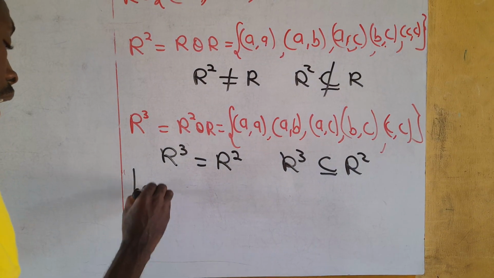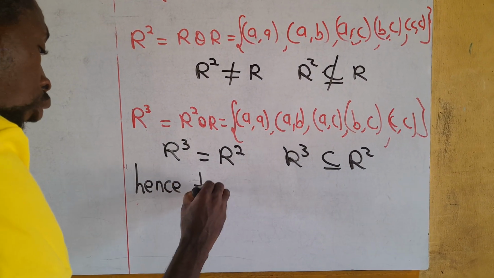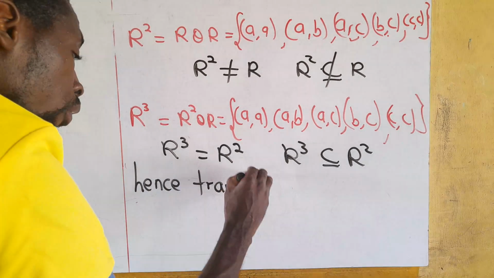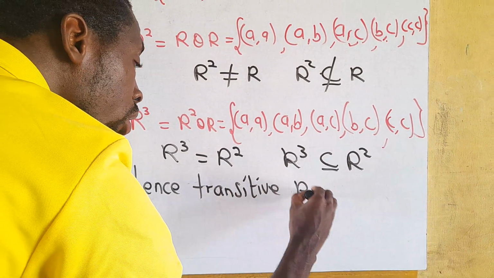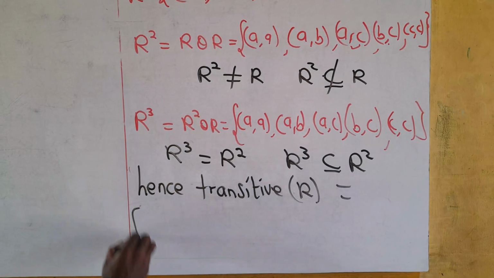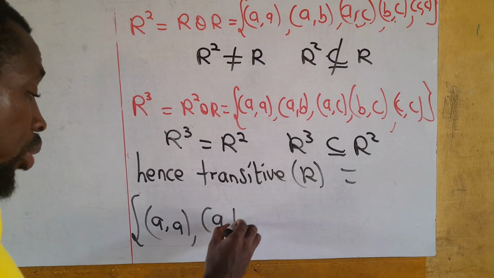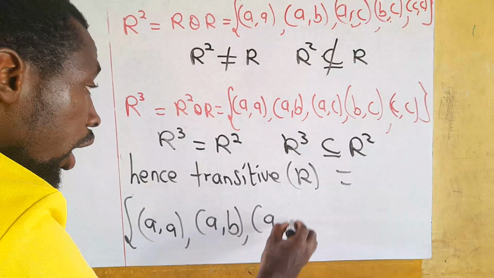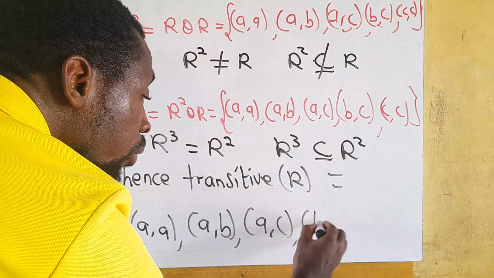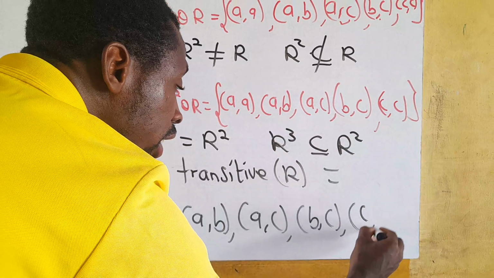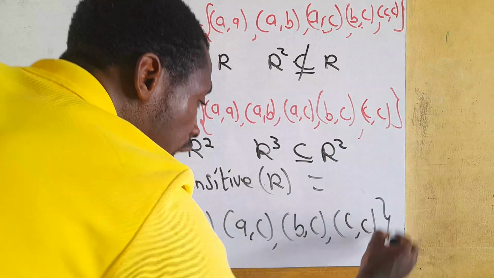Hence, the transitive closure of R will be equal to the pairs AA, AB, AC, BC, then CC. I hope you get that.